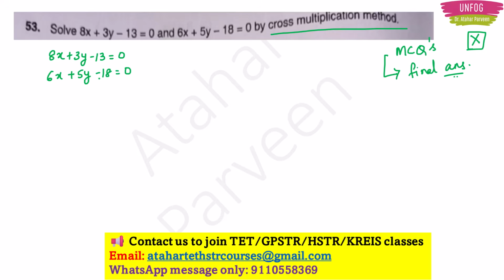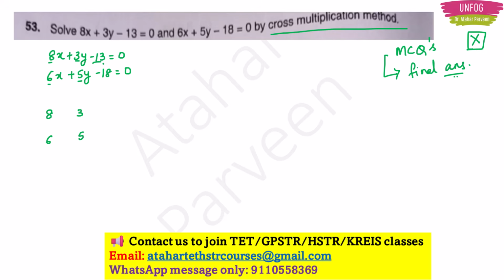Right. Now, in order to cross multiply, there is one particular procedure that I will tell you. You have to watch carefully. First, write down the coefficients of x one below the other like this. 8, 6. Then write down the coefficients of y. 3, 5. See, make sure to write their signs also. If there is a negative sign, you have to write minus there.